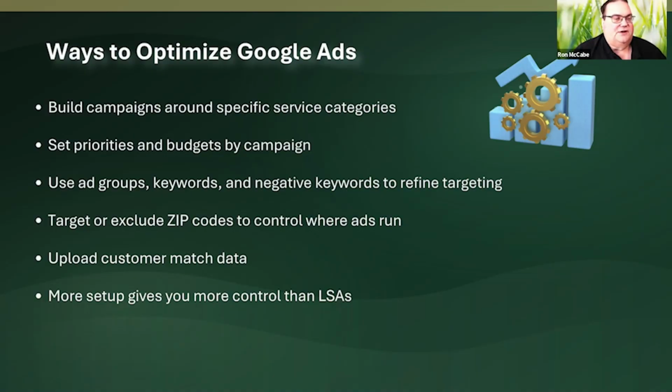I'm going to jump ahead here, but you can then use zip codes to control where the ads run. You can set zip codes that ads run in or don't run in. You can also exclude. You can say, hey, I don't want this ad to run in these zip codes.